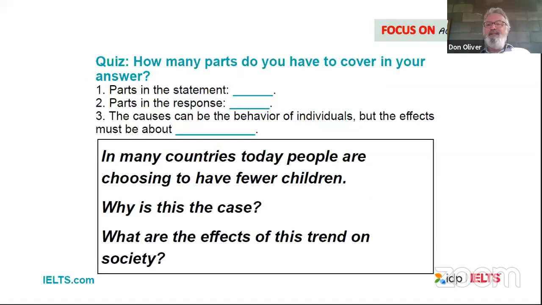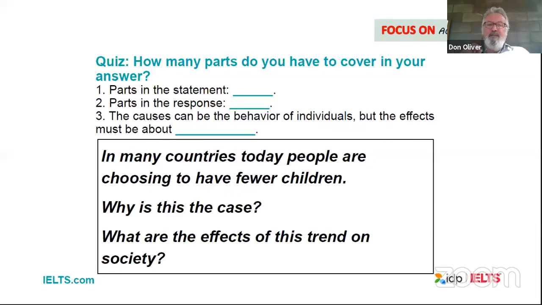Okay, let's practice this. Here is another task. In many countries today, people are choosing to have fewer children. Why? And what are the effects on society? So how many parts are there to this statement?